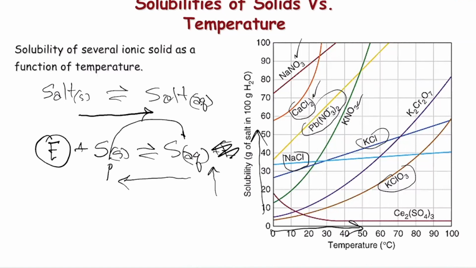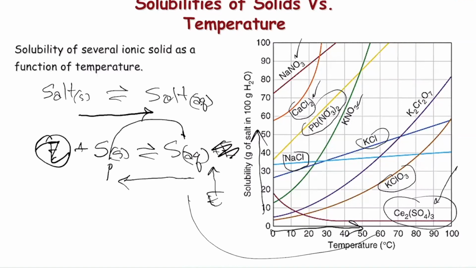That's what this thing is showing, except for this one. When you apply more heat, the solubility decreases, which means that this salt is actually an exothermic solubility. As you apply more heat, like right here, this salt actually crashes out of solution.